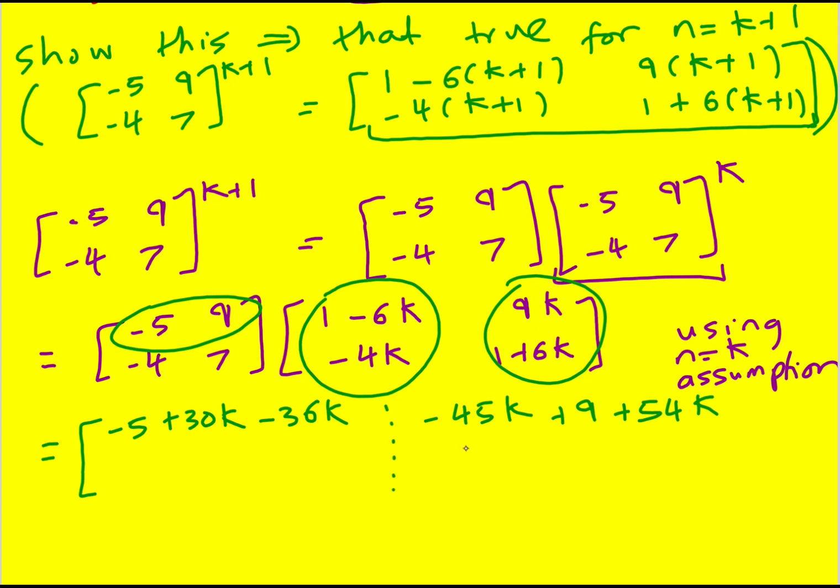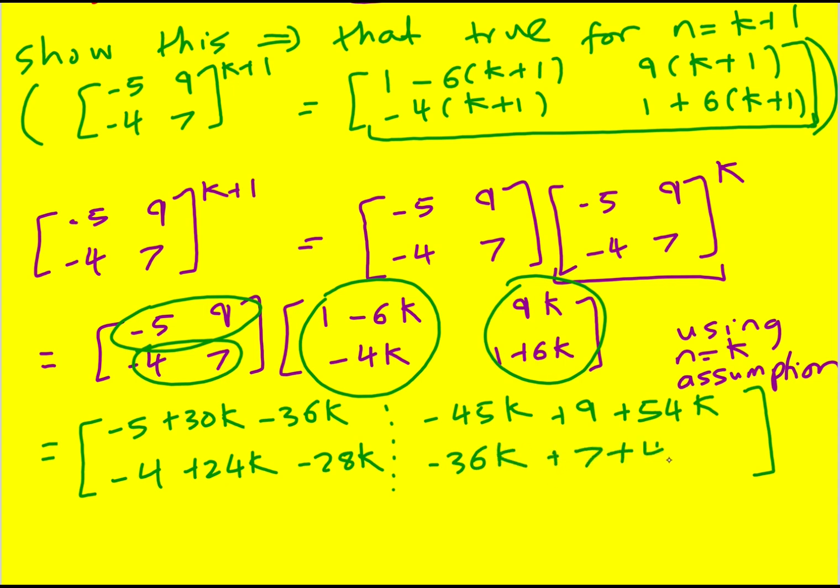Okay, these are separate elements. I'm just going to draw a little dashed line. Now onto the row below in the first column. So it'll be minus 4 plus 24k minus 28k. Finally, minus 36k plus 7 plus 42k. Let's simplify before we try and bring it together.